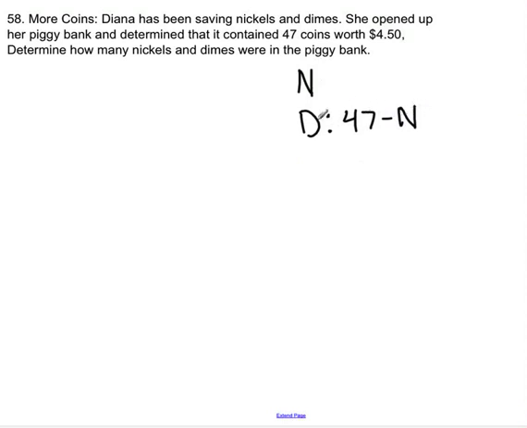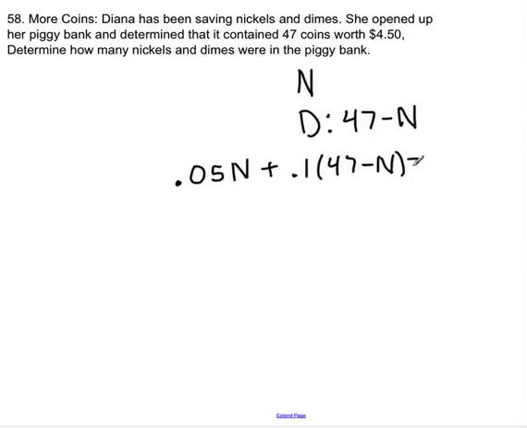So now, I know that nickels are worth 5 cents apiece, so I take 0.05 and multiply it by n. That gives me the value of my nickels plus the value of my dimes, and my dimes is going to be 47 minus n.